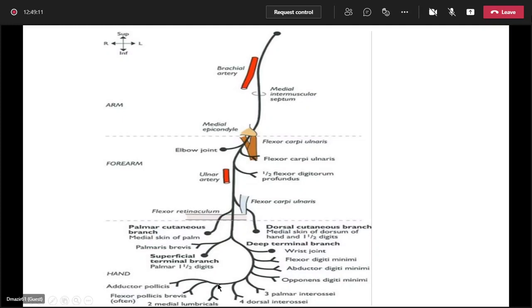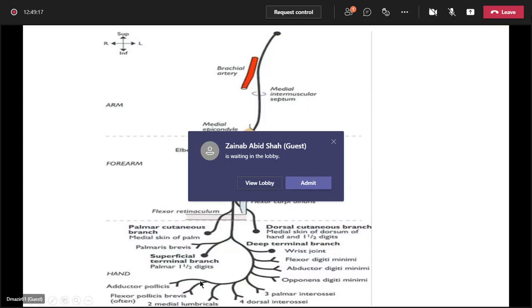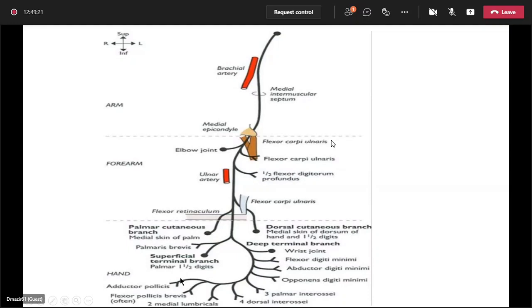Along with that, the two medial lumbricals, and then the adductor pollicis, which is the muscle in the deep layer of the thenar eminence, and the flexor pollicis brevis. These are supplied by the deep terminal branch of the ulnar nerve. The adductor pollicis and flexor pollicis brevis are muscles of the thenar eminence.